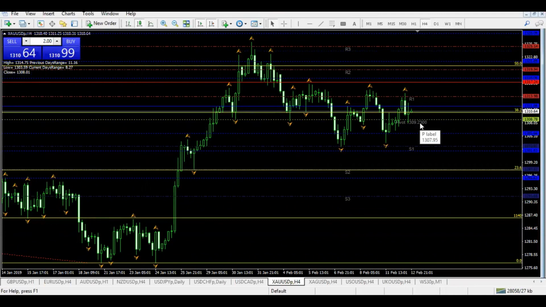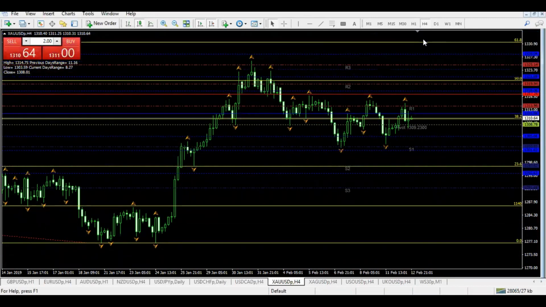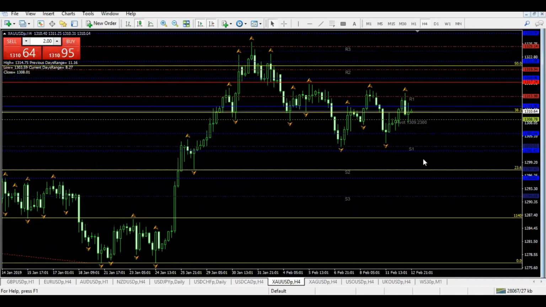Right now, it's going back and forth between these two. Like, it would pass this 50 and get to 61, or it falls. Right now it's sideways.